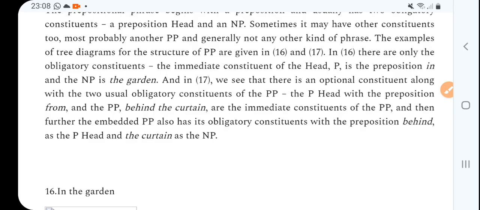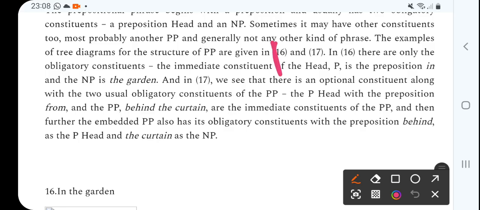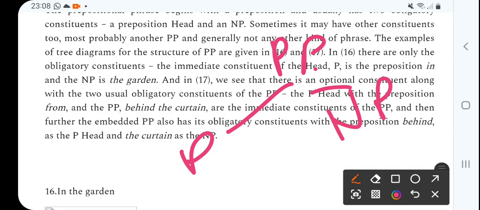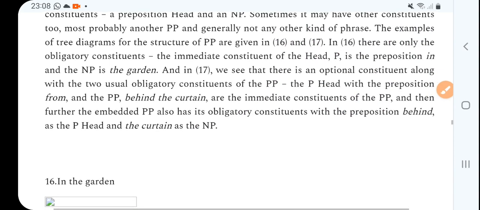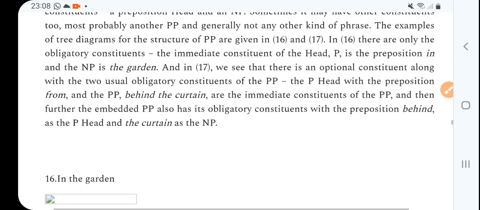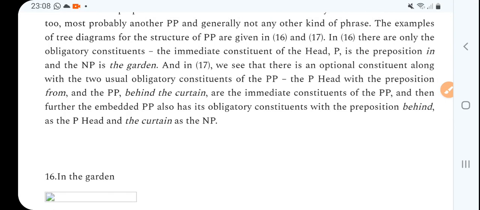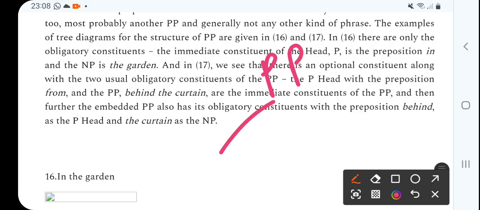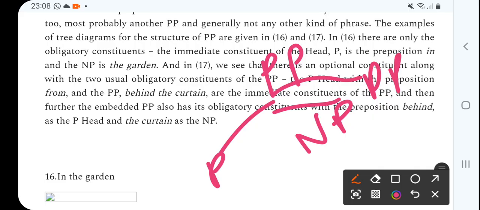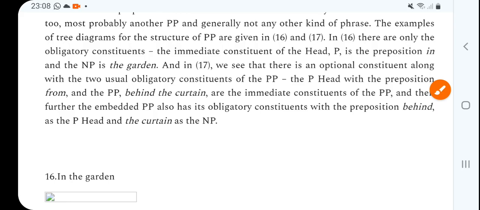In a prepositional phrase there is a preposition and a noun phrase, and sometimes another prepositional phrase. That's it. Apart from this, no other constituents are found in a prepositional phrase.